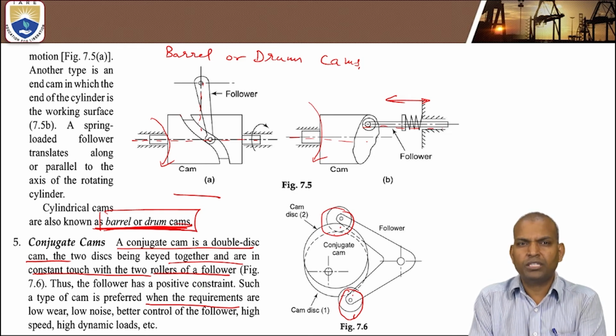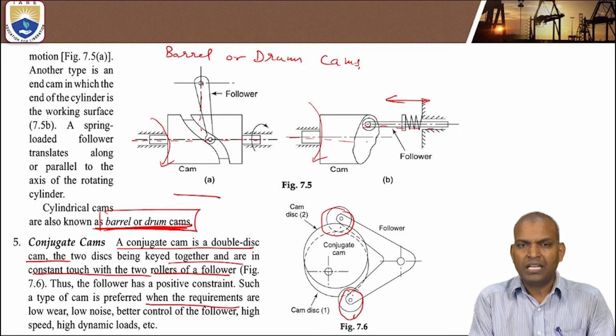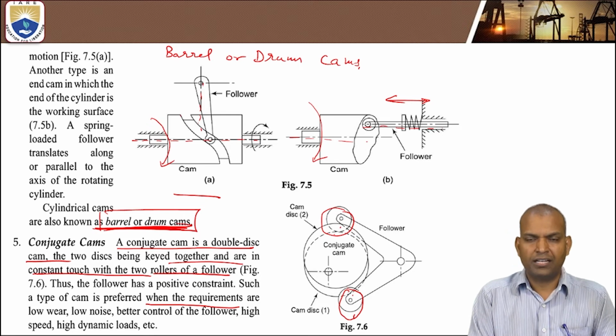Another important advantage is the continuous transmission of torque, with no intermittent motion. Continuous torque can be transmitted in the case of conjugate cams.